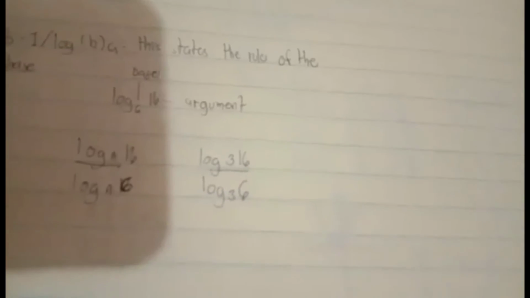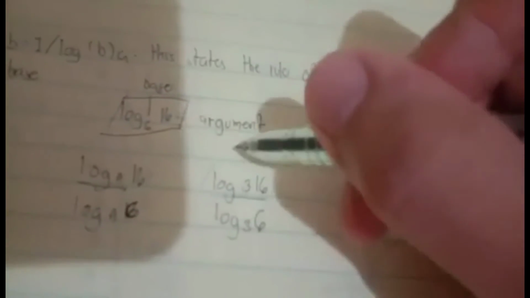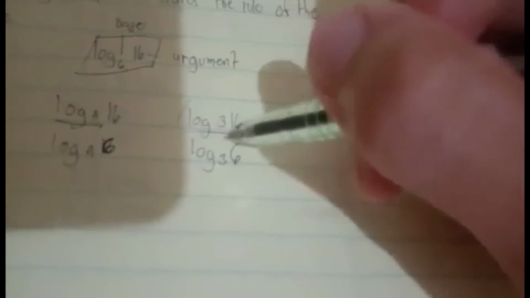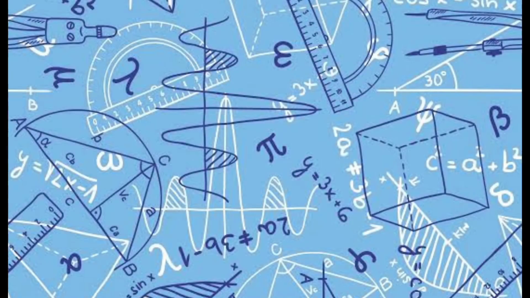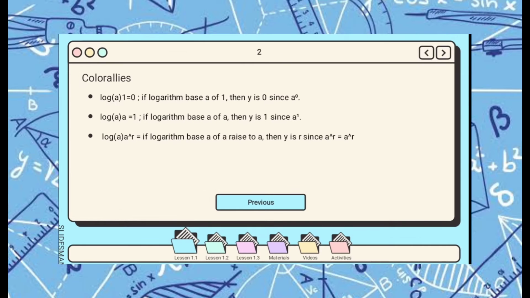Example natin 3, 16. Yan. Tapos pagka kinalkula, iisa lang ang kakalabasan yan. Pag kinalkula tong log base 6 of 16 saka itong log base 3 of 16 saka log base 3 of 6.